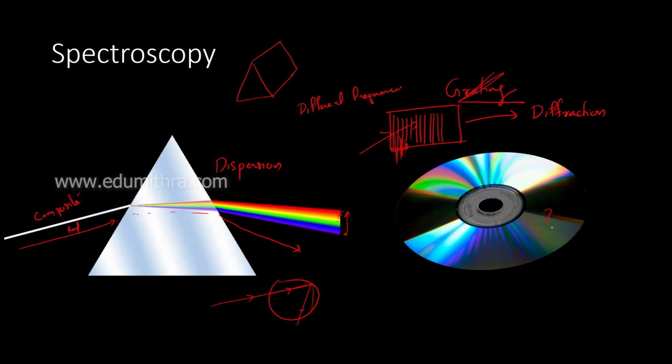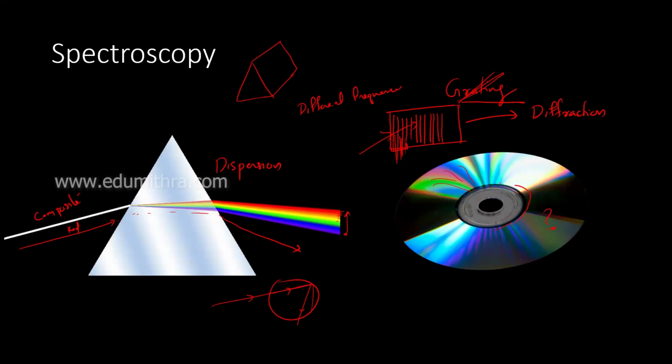Then why is there a CD in this slide? Because when you look at the surface of a CD, you can see this rainbow of colors. The CD has the ability to split light into its constituent colors. How is that happening? This CD is also a kind of grating, because if you zoom into a CD, the data writing happens through tracks.